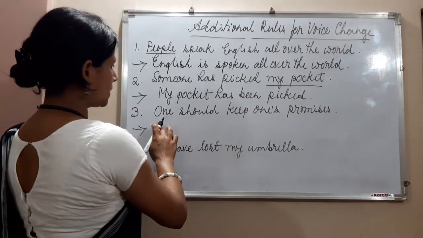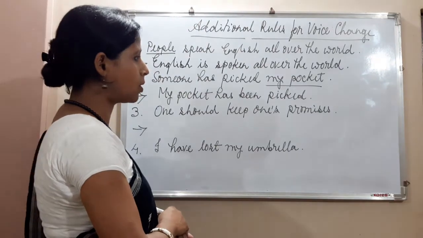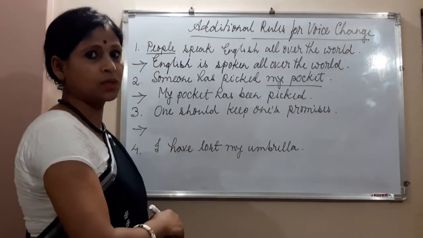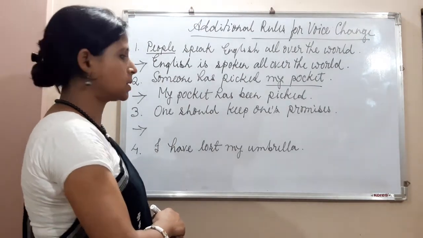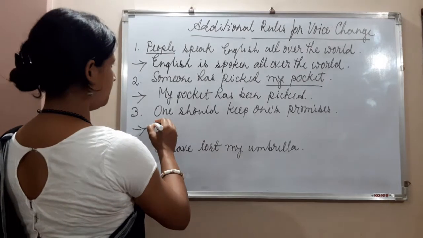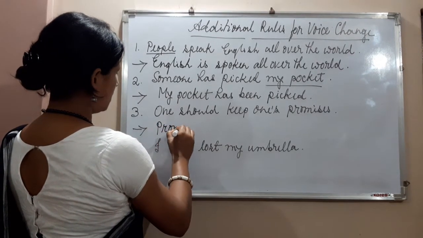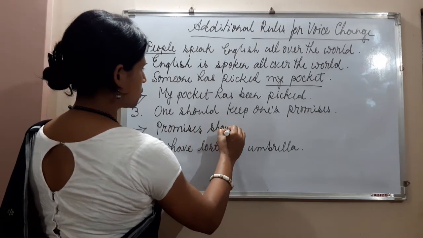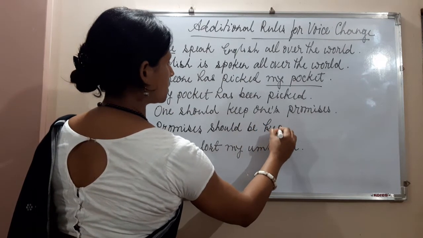And the third sentence, one should keep one's promises. This is a very common sentence. It's coming in exams. Sometimes we get we should keep our promises, or people should keep their promises. And our answer will be promises should be kept.